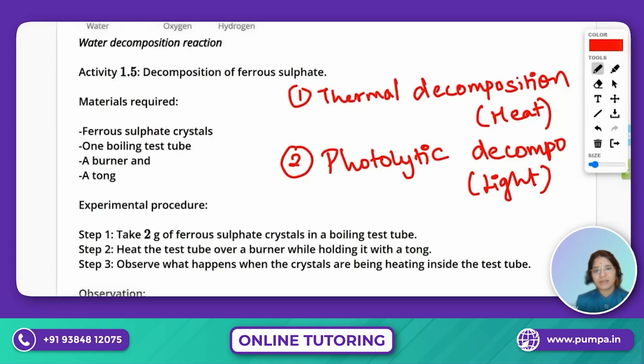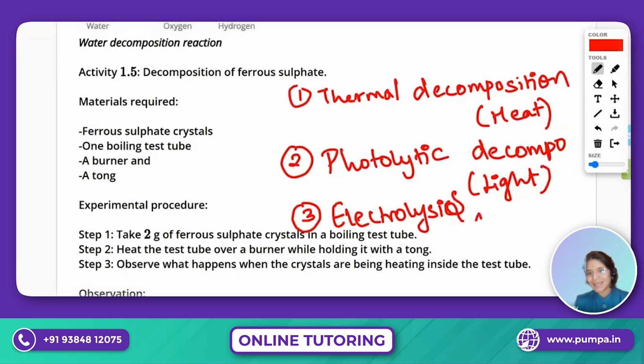The third one is electrolysis. Okay, if you write electrolysis decomposition, it is wrong. It is electrolysis only, using electricity.